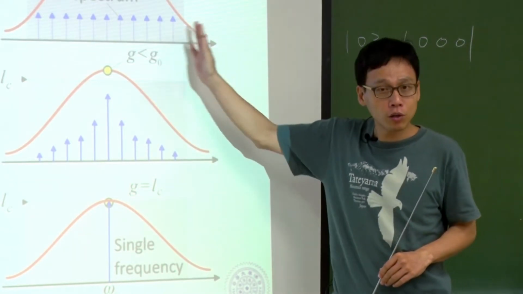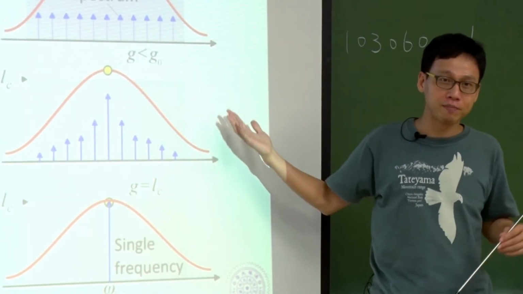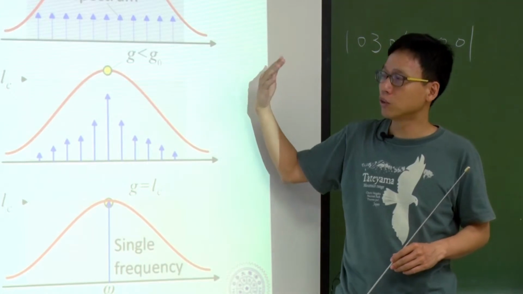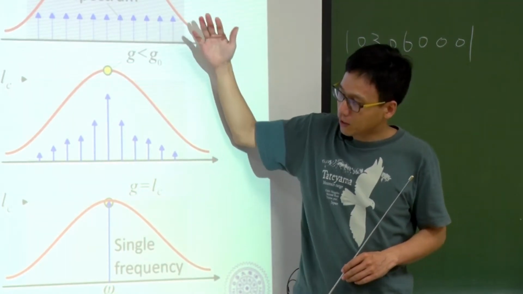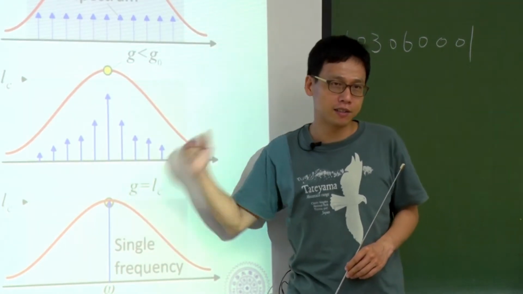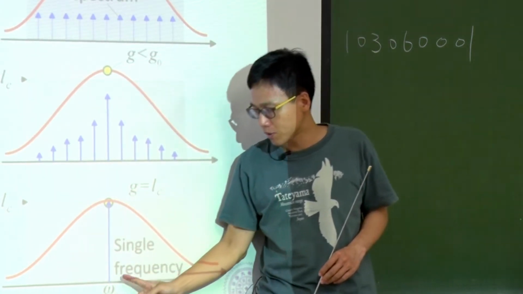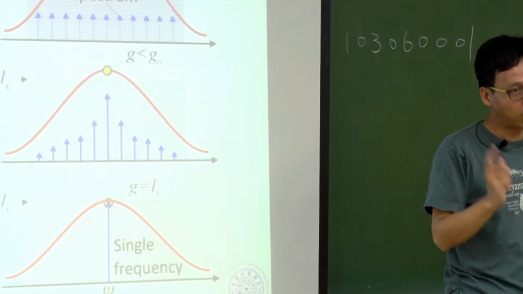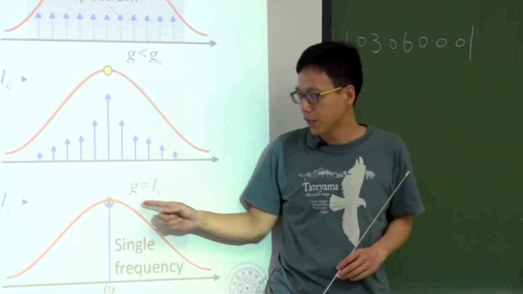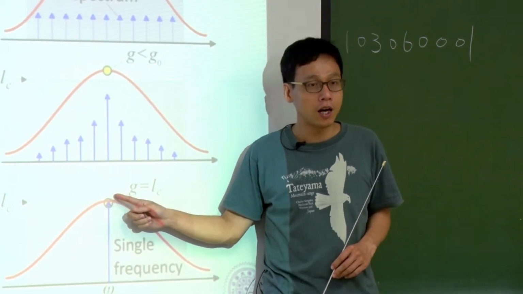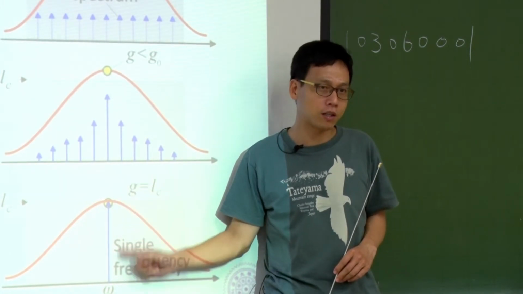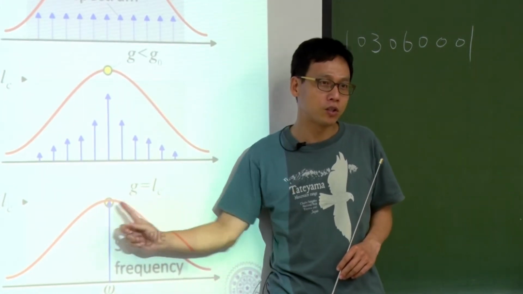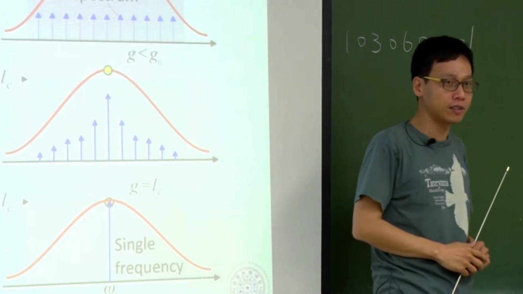Initially, you have not only one frequency, but a lot of them coming from the noise, maybe. But this process will guarantee in steady state, in principle, you can have only one frequency. And what is the frequency? Usually, it's the frequency of the largest gain, the peak of your gain spectrum. Usually, you have that frequency in steady state.